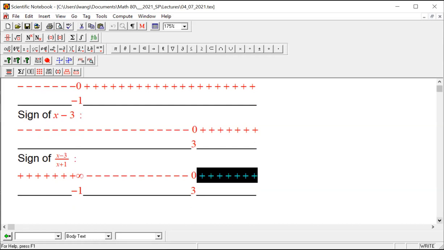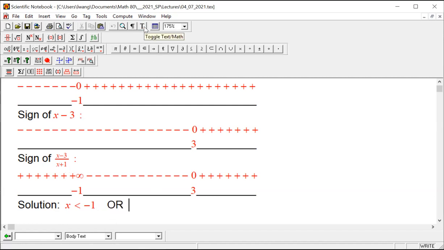So the solution would be x is less than -1, cannot include -1, because at -1, it's infinity. You get a 0 denominator. We cannot allow that. Or x is larger than or equal to 3, because the quotient can be 0, so greater than or equal to 0. So that is the solution.